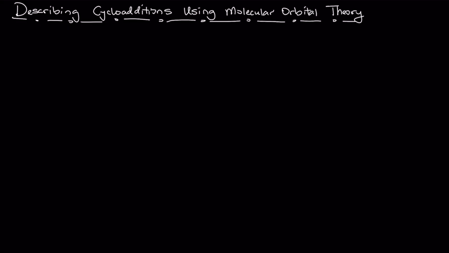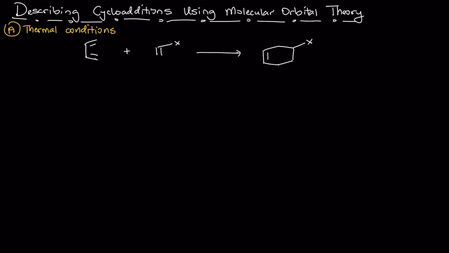The first being Diels-Alder cycloaddition reactions that are performed under thermal conditions. And we will use our standard Diels-Alder reaction to really elaborate on what we mean by describing cycloadditions under thermal conditions.